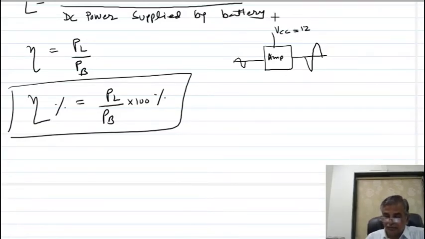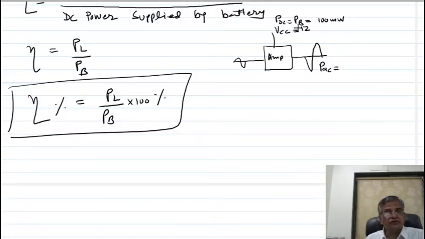So I am giving 12 volt, but my DC battery, PDC, PB I am giving 100 milliwatt, and here I am measuring PAC, my output power, AC power. This is which power you supply? DC. Suppose I am getting 25 milliwatt.